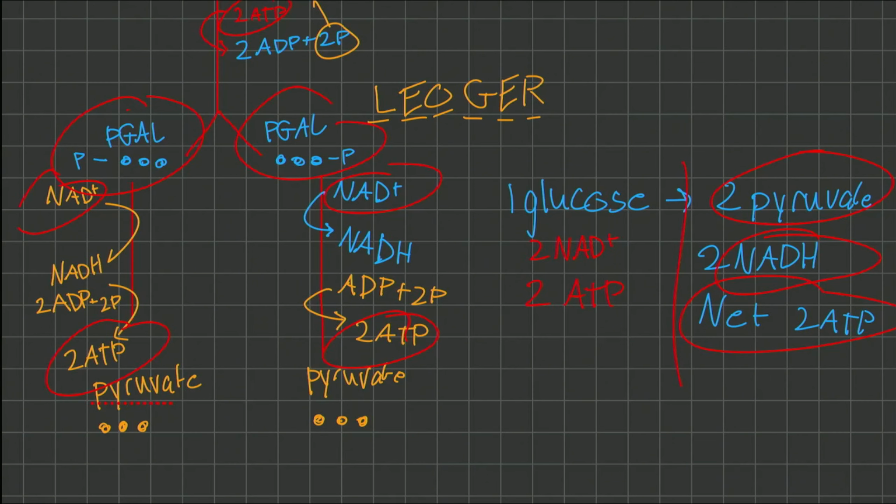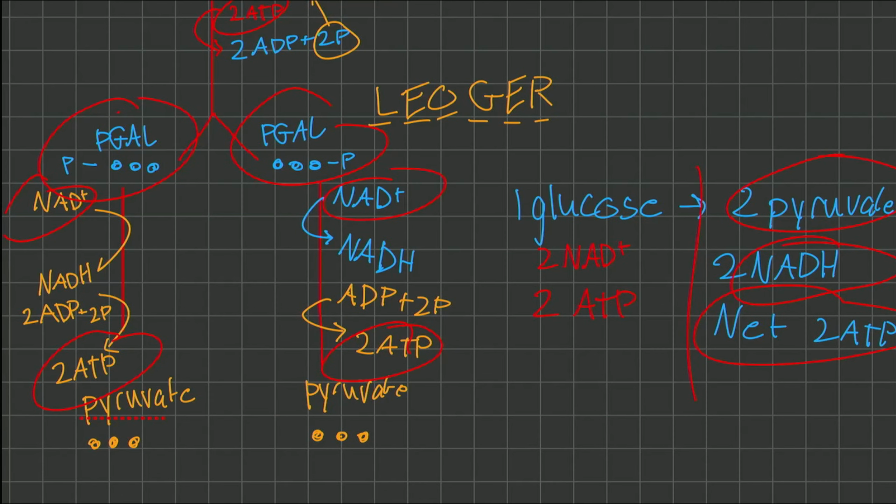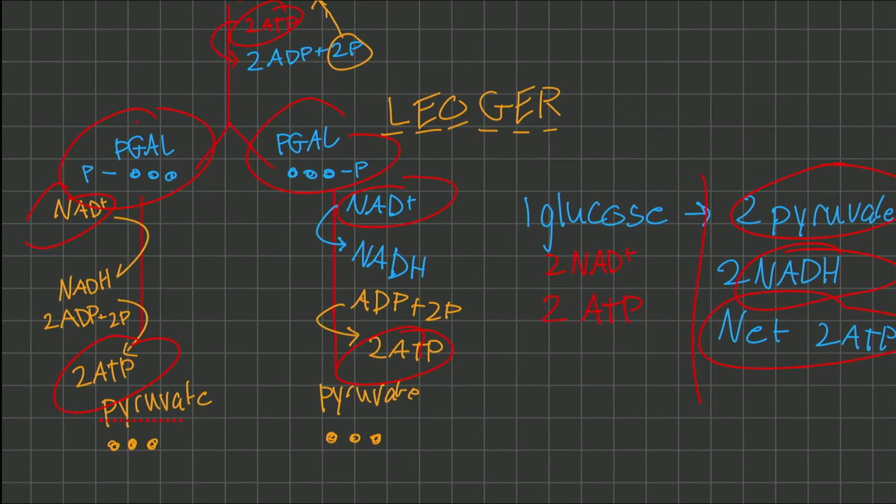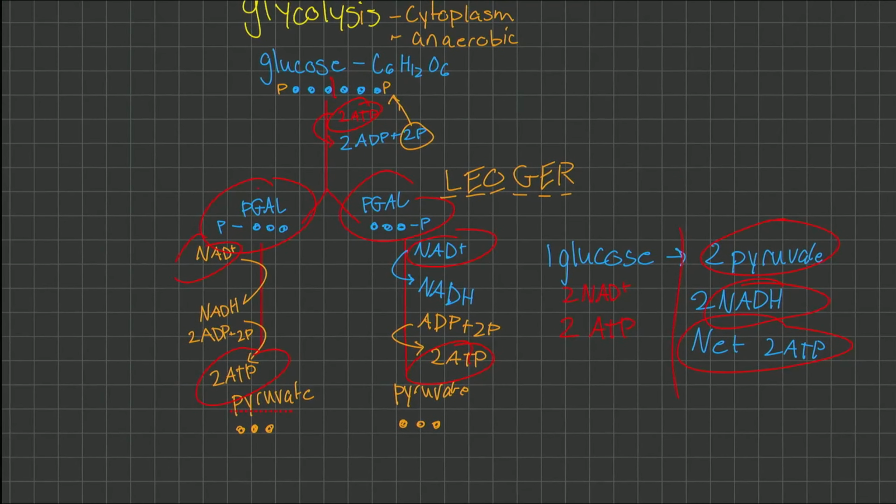This diagram really just lays out the input, the splitting of glucose into 2 three-carbon chains known as PGAL, to output our pyruvate, and it demonstrates the energy exchange along the way. So we have the ATP being produced and our NAD plus being reduced into NADH for our electron transport chain, and that's all glycolysis is.